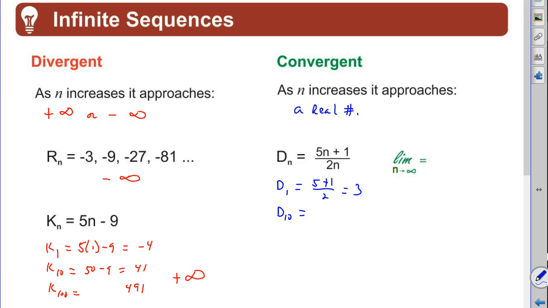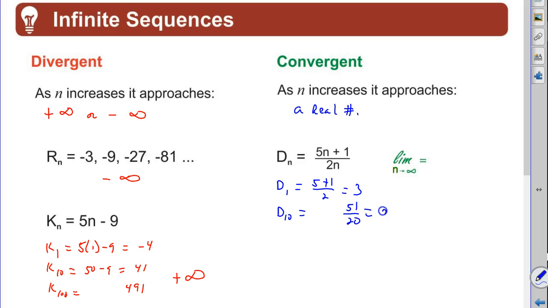Let's do 10. So I get 50 plus 1 is 51 over 20. Again, what am I at here? I'm getting smaller. Let's grab my calculator here.